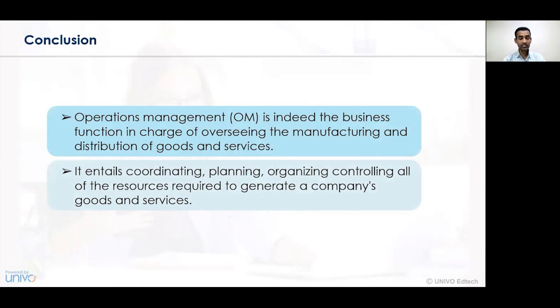And lastly, it entails the coordinating, planning, organizing, and controlling of the resources required for generating a company's revenue, either in terms of goods or in terms of services. So in this case, we have to see that all the functions of management, that is planning, organizing, directing, staffing, coordinating, decision making, and so on, are being effectively employed, and that the production or manufacturing activity you are undertaking is effective and fruitful, which will benefit the organization in the short term and give its fruits in the long term.